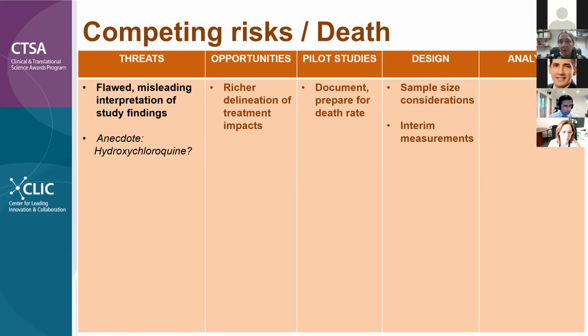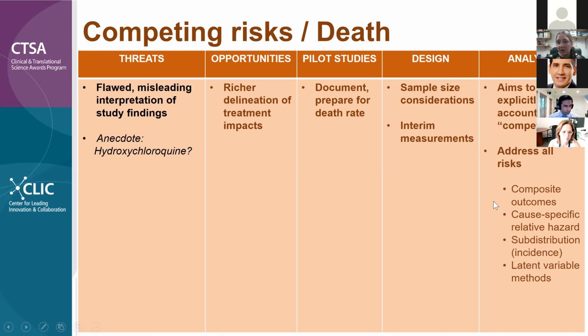And then what are analytic strategies? Well, all the strategies aim to explicitly account for competition by in some way addressing all of the risks. Composite outcomes can be a very valid way, I would say not always, but can be a valid way to address this issue. So in COVID studies, we frequently have seen progression to severe disease or death as a composite outcome that sometimes is a very useful composite outcome.